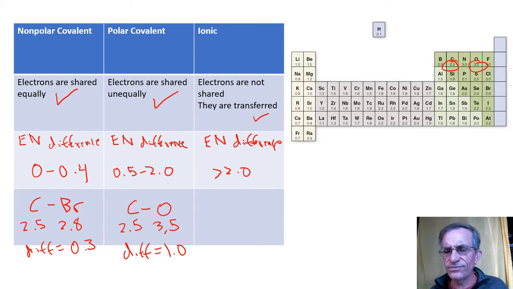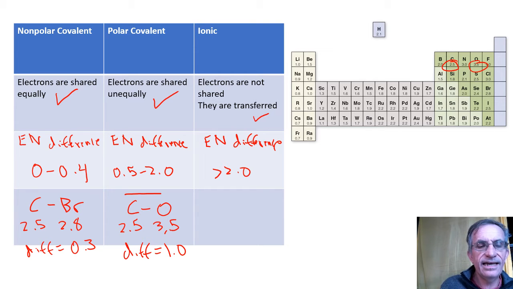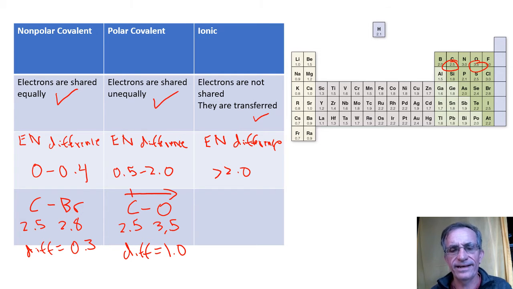There are a couple of ways we could show that. One way is you might see someone draw an arrow with a little cross on the tail, and that shows which way the electrons are going. They're going towards oxygen. Oxygen is going to like them more, so they're going to move towards oxygen. When that happens, that's called a polar bond.